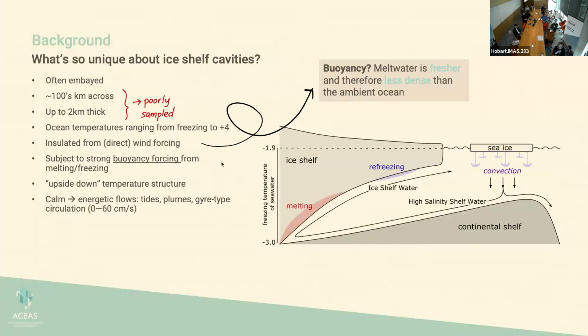And in terms of the cavity environment in general, there's a huge range of flow conditions that we observe, from really calm and quiescent to very energetic. And the types of circulation that we observe are tidal flows, that plume circulation that I just described, and other things like gyres and eddies that make their way into the cavity.